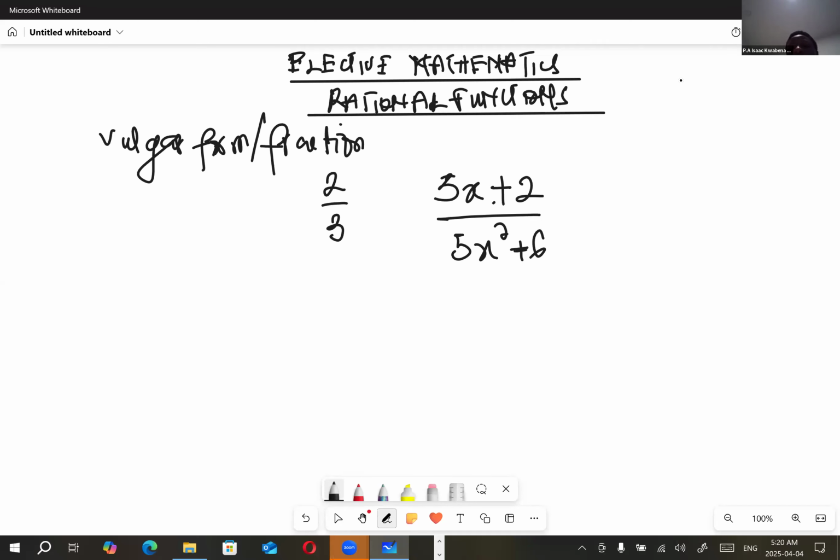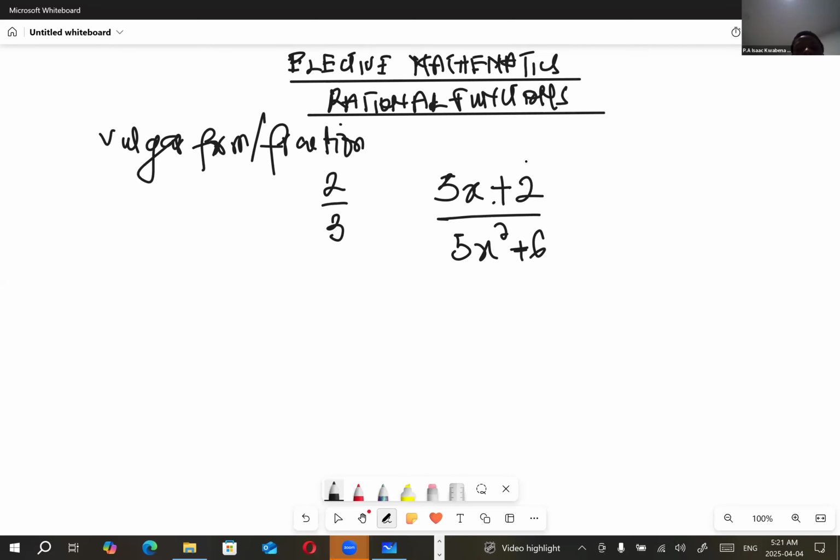You're likely to meet expressions like these. That is also what? Rational. Why? Because what you see on the screen is written in a fractional form, right? So it becomes rational.